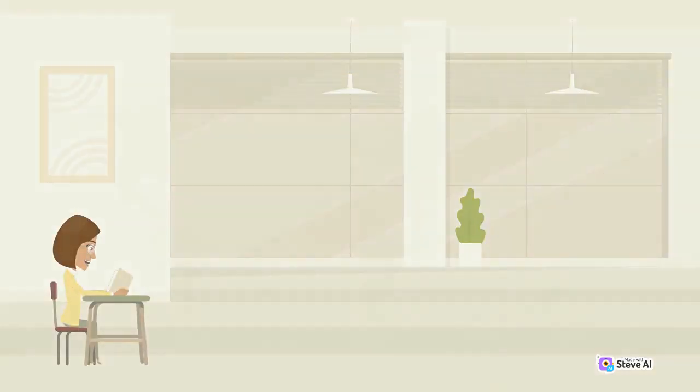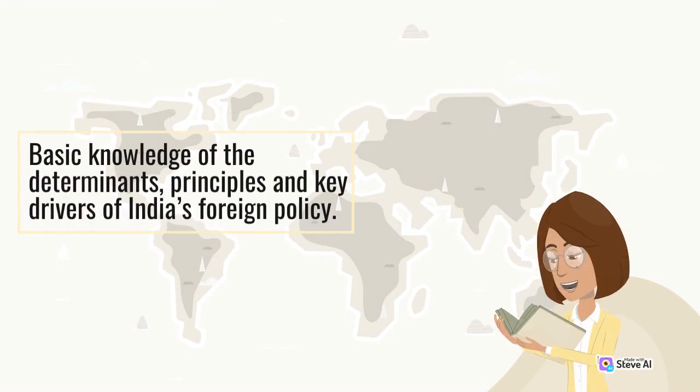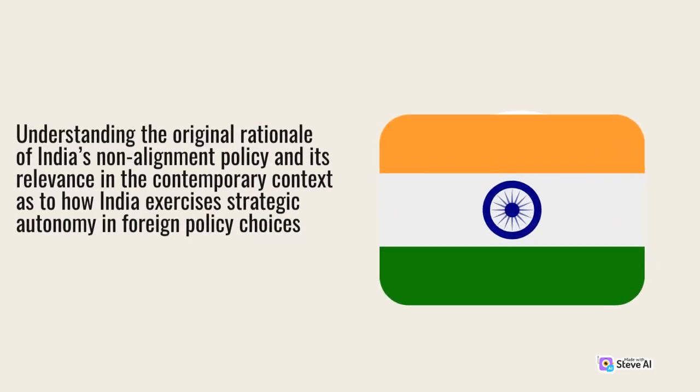Learning outcomes: basic knowledge of the determinants, principles and key drivers of India's foreign policy. Understanding the original rationale of India's non-alignment policy and its relevance in the contemporary context, as to how India exercises strategic autonomy in foreign policy choices.